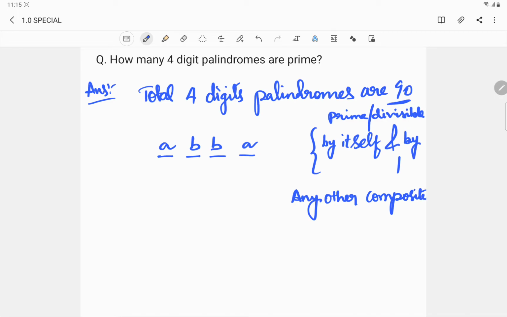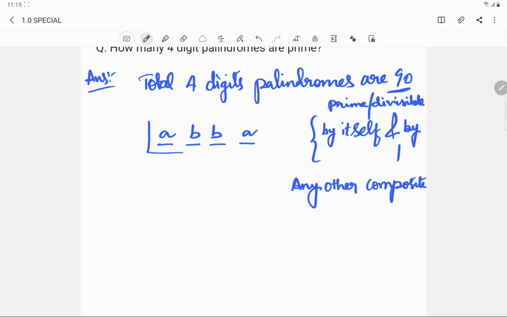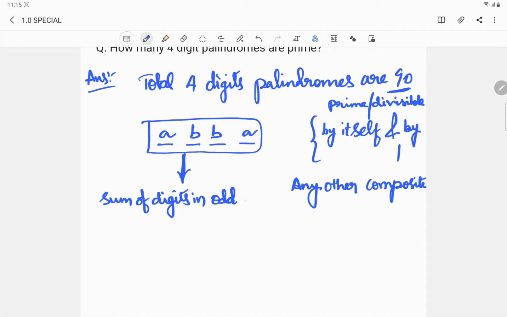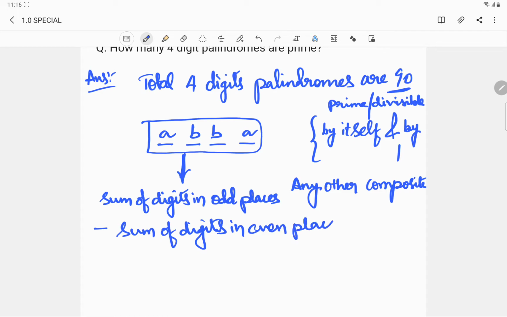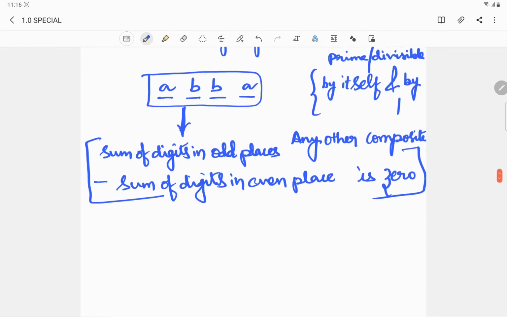So if we observe this 4-digit palindrome, the sum of the digits in the odd places minus the sum of the digits in the even places is 0, which is exactly the divisibility rule of 11.